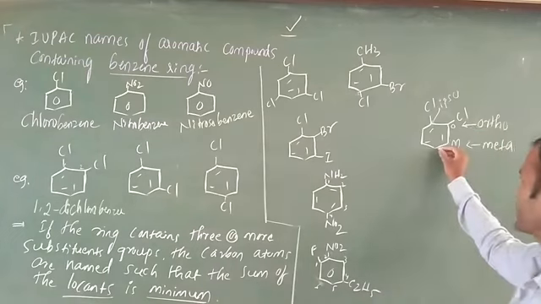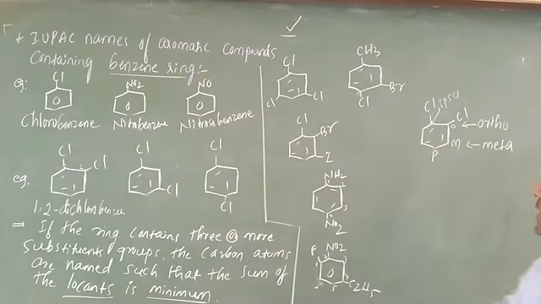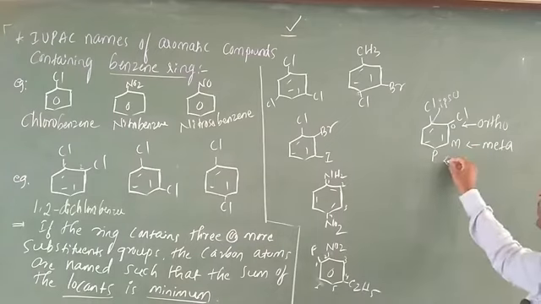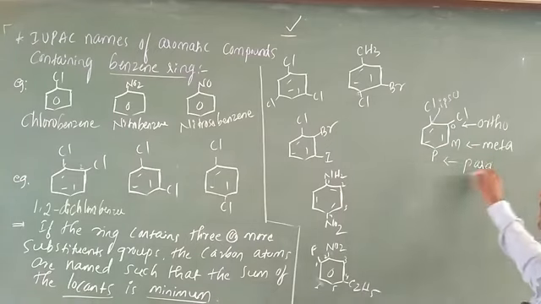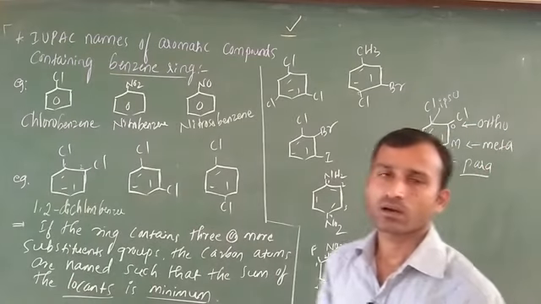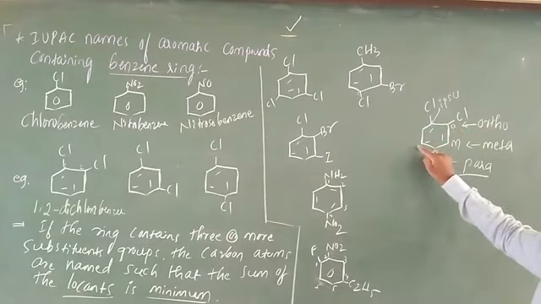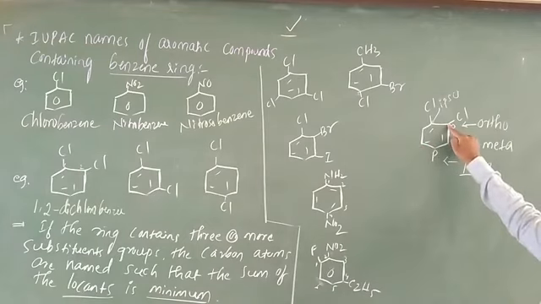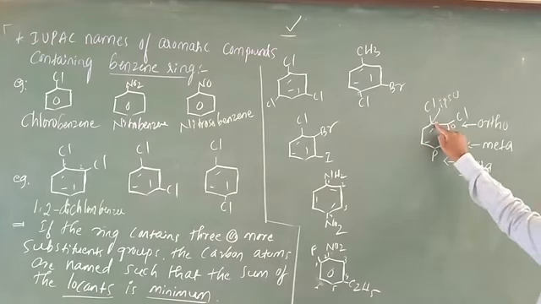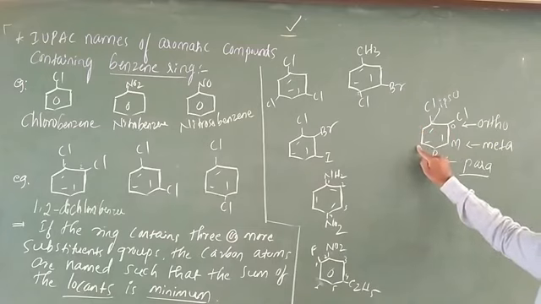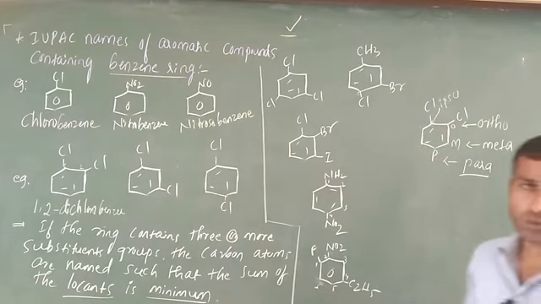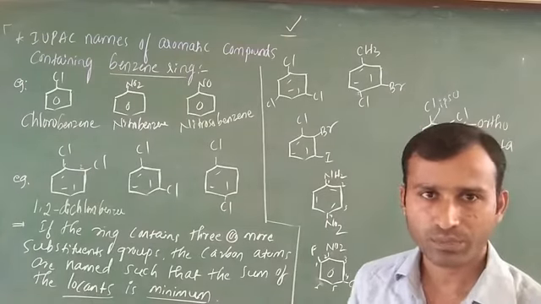After that, this one is para. Ipso opposite is always para. If this acts as ipso, this is ortho, this is meta, this is para. Para means always opposite of ipso. Bear in mind.